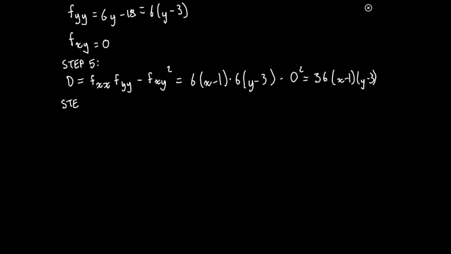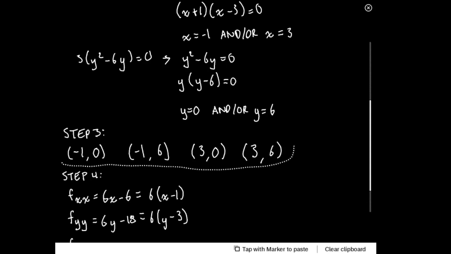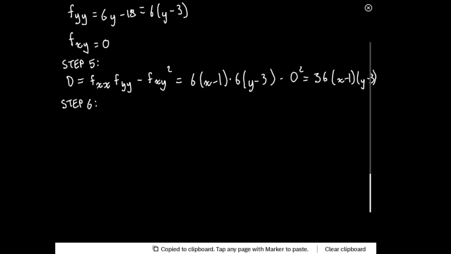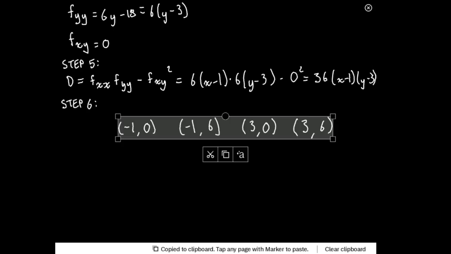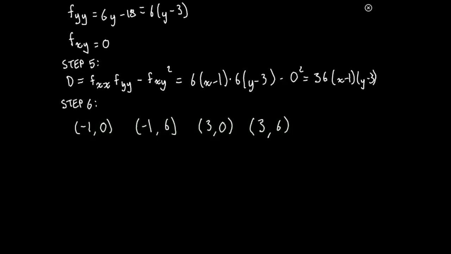So step 6, I'm going to do step 6 for each point individually. So that means we need to go find our list of points, have that for reference down here. And let's start with our first point.